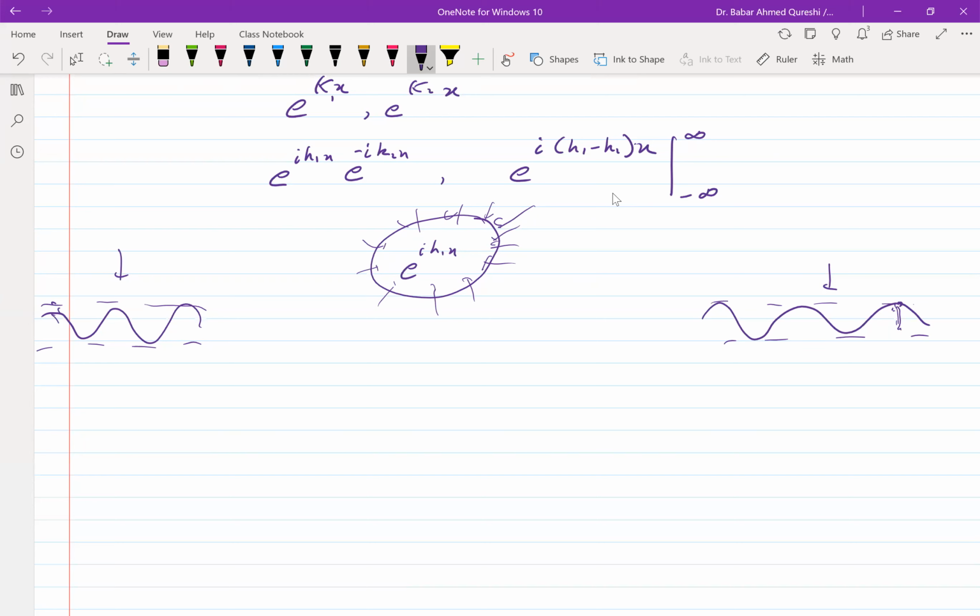So this is a little bit of a technical thing which you have to do when you are dealing with the eigenvectors of an operator which has continuous eigenvalues, for example, this K. This is, I would say, an easier way to handle these kinds of issues.